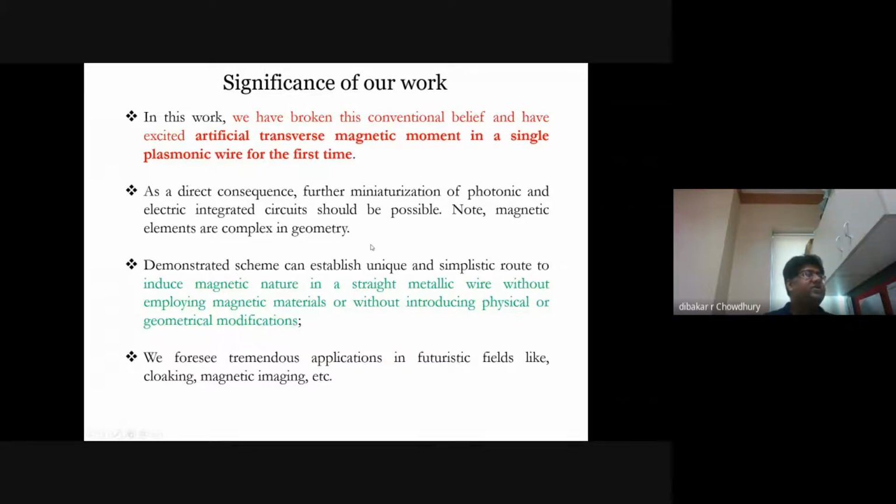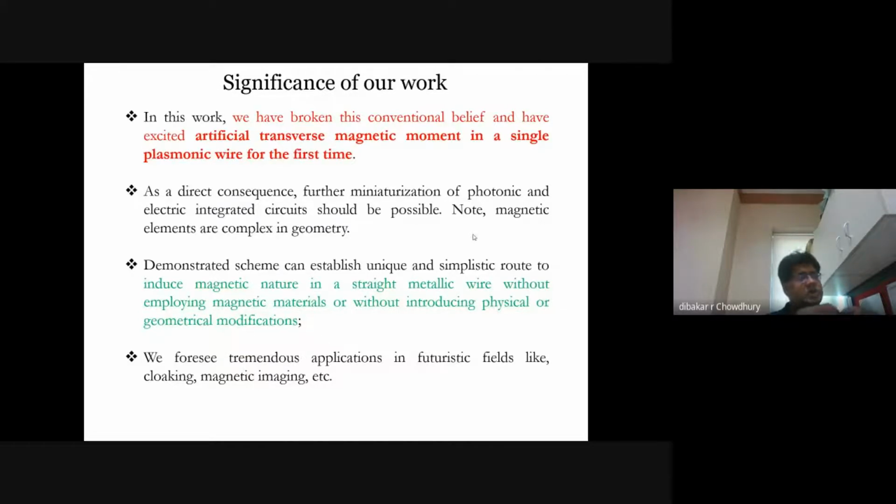So what is the direct consequence? When you get a circular current or transverse magnetic moment using a simple dipole, that can make your photonic ICs or electric ICs even much simpler. So more compactness is possible.